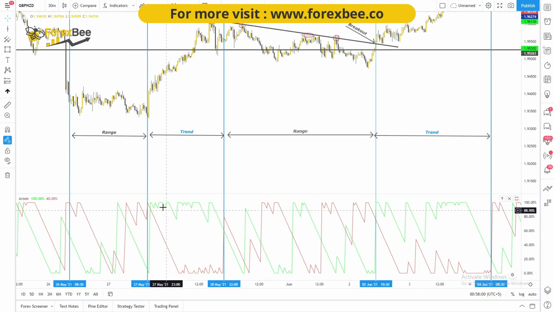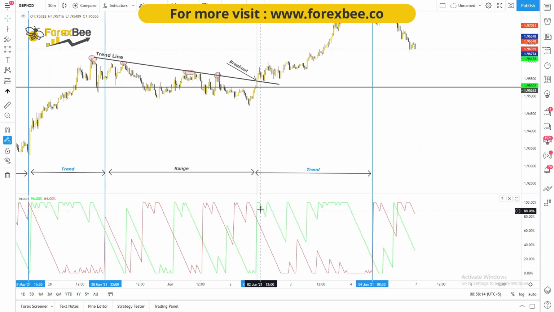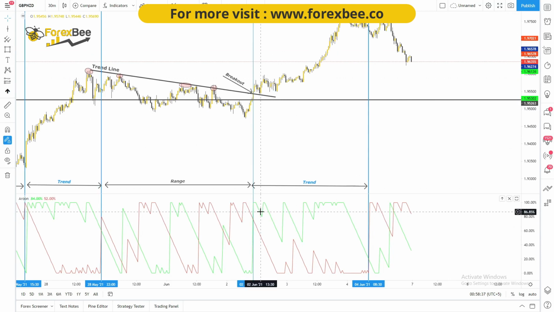Here they are not moving parallel, instead they're touching the extreme ends, like the Aroon up is touching the extreme highs and Aroon down is touching the extreme lows. In this region, again the same thing is happening. First of all, the crossover happened, which meant that the breakout happened. Aroon up is close to 100 and Aroon down is close to 0, so the trend again is bullish dominant.